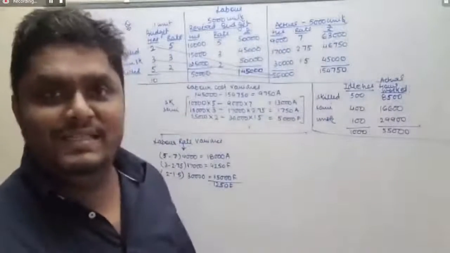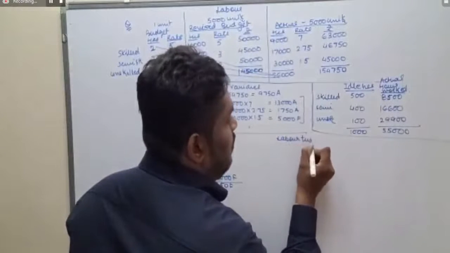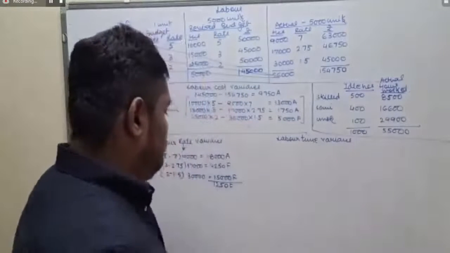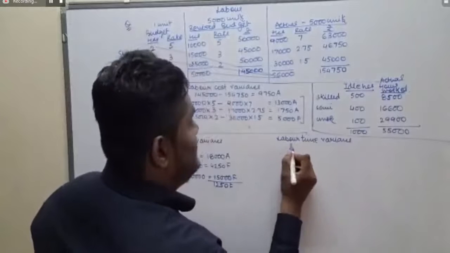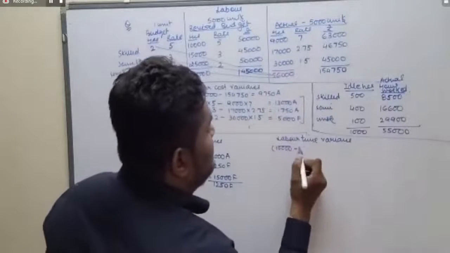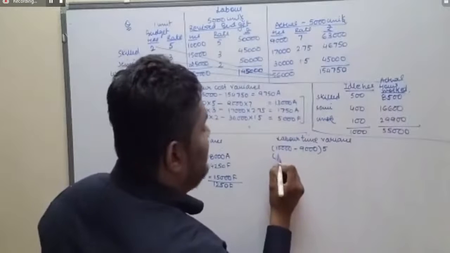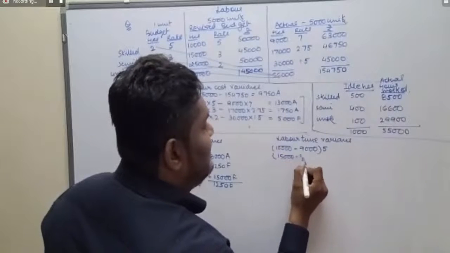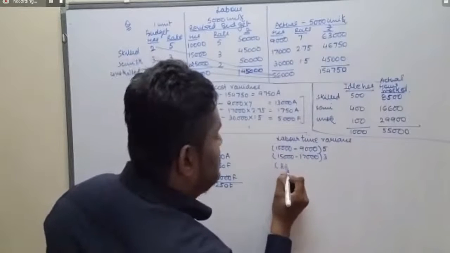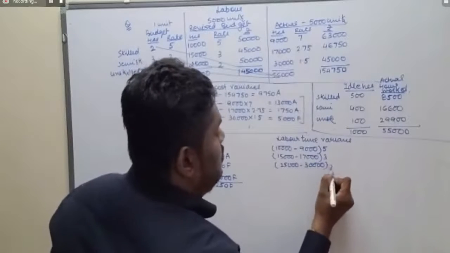Now the third variance, that is labor time variance, again no change. That is for skilled 10,000 hours minus 9,000 hours into 5, 15,000 hours minus 17,000 hours into 3, 25,000 hours minus 30,000 hours into 2.